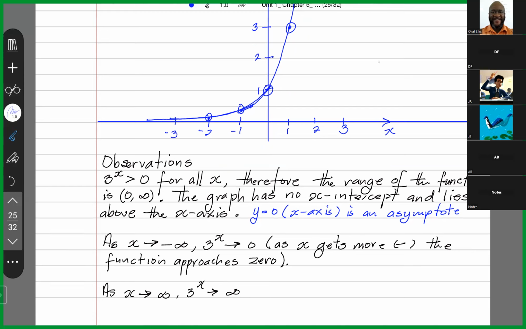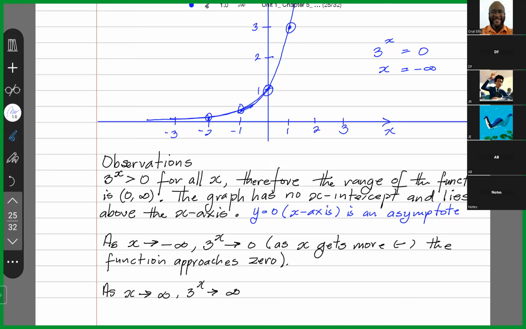If 3 to the x is equal to 0, x would have to be equal to negative infinity, which is why we don't talk about the logarithm of 0, because the logarithm of 0 is negative infinity.